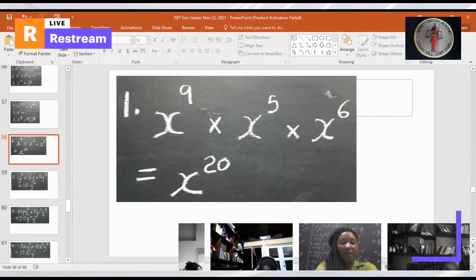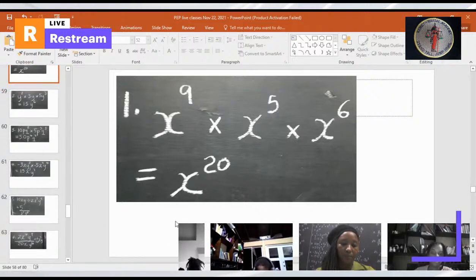All right. So Imani, read number 1 for me and explain how we got the answer. Okay, miss. Number 1, x to the power of 9 times x to the power of 5 times x to the power of 6 equals x to the power of 20. Because of the first rule, if all the bases are the same, we just add the exponents: 9 plus 5 plus 6, which is 20.